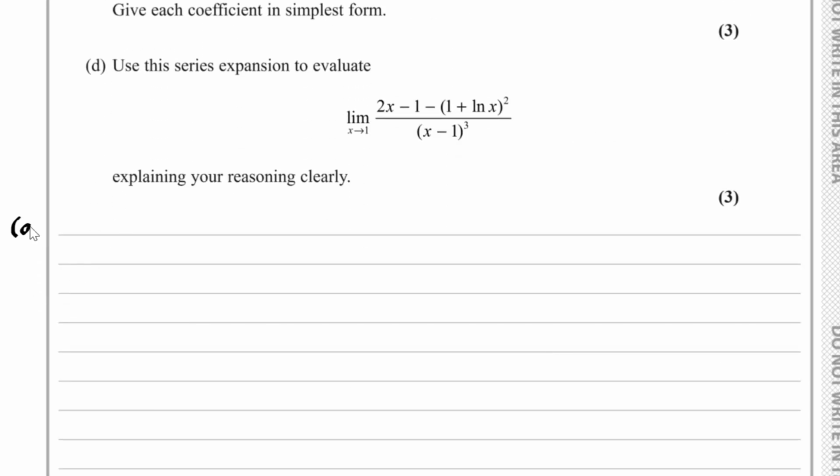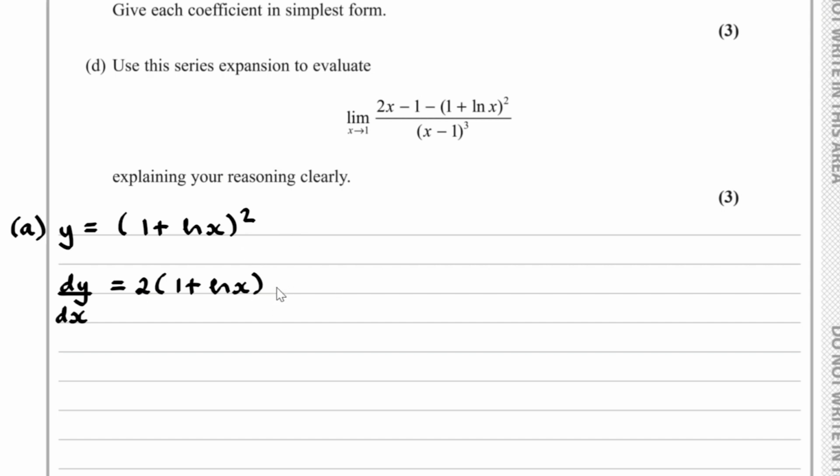We begin with y equals 1 plus natural log of x, all squared, and if we differentiate using the chain rule, we have 2 lots of 1 plus natural log x to the power of 1 multiplied by 1 over x.